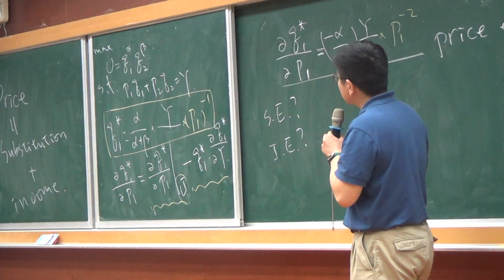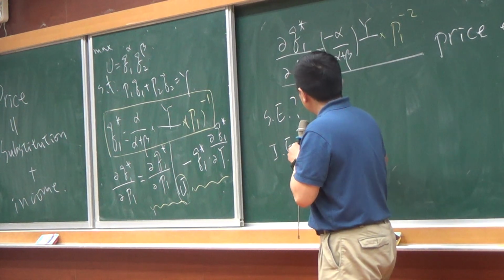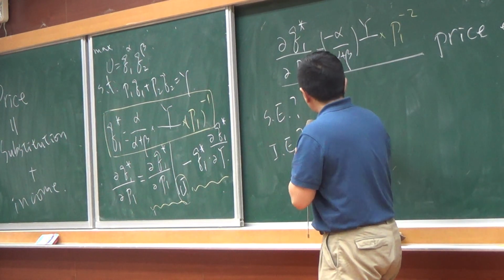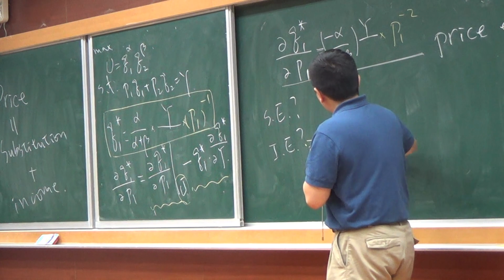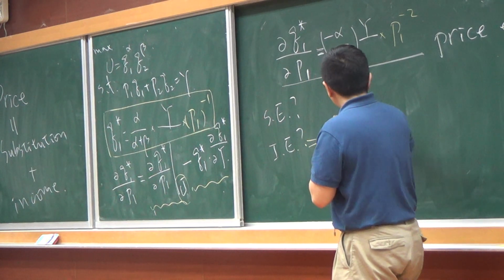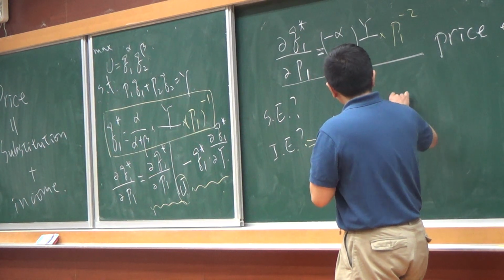So how to do the second part? It would be negative Q1 star times partial Q1 star over partial Y. So Q1 star would be alpha over alpha plus beta, Y P1 inverse.